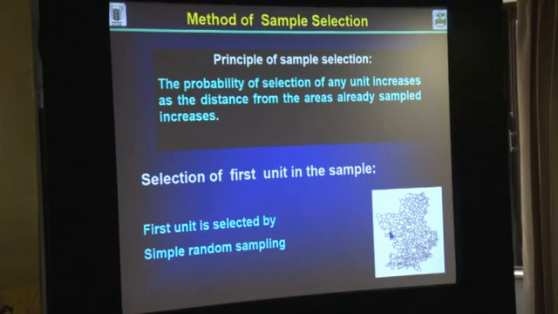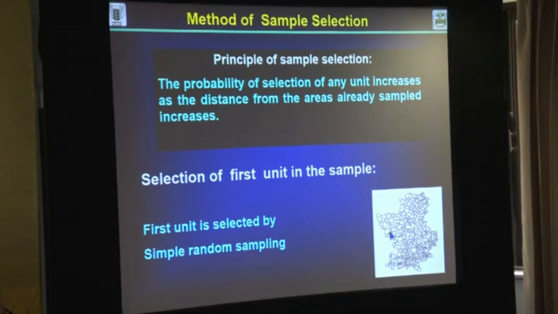So the basic logic behind this is that nearby units give us the same information, and as we go far away, we get different information. So if we are selecting units nearby, then we are at loss in two ways. One thing, we'll not get more information regarding this, and secondly, cost will also be more. So according to the principles of sampling design, we are selecting this sample.